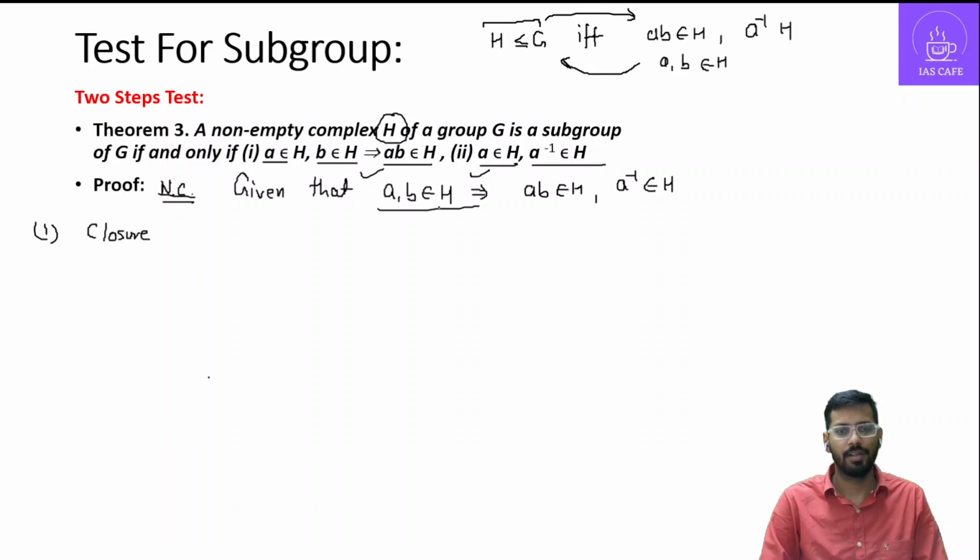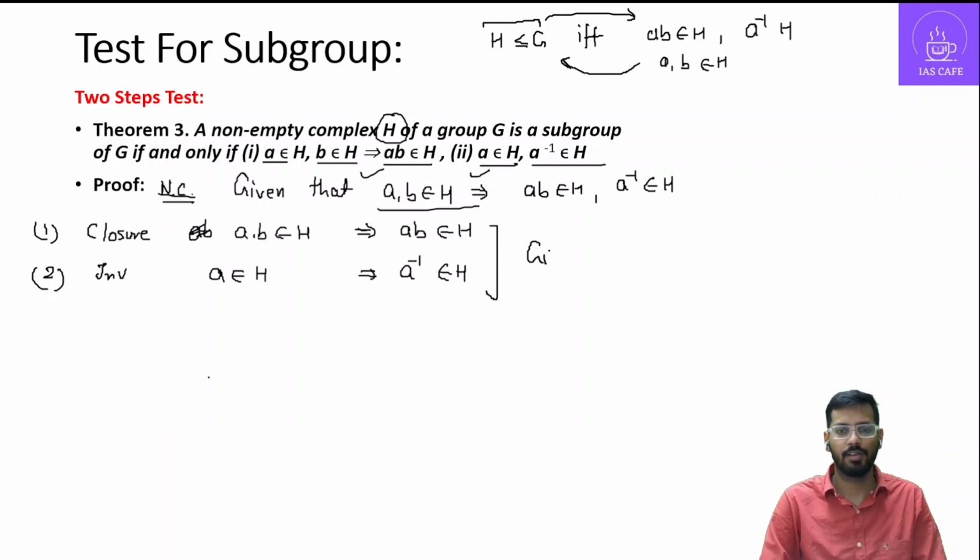That is given in the condition: if a and b belong to H, it implies AB belongs to H. So closure property is satisfied. Now second is inverse. If a belongs to H, that implies A inverse belongs to H. That is also given. So inverse and closure properties are satisfied.